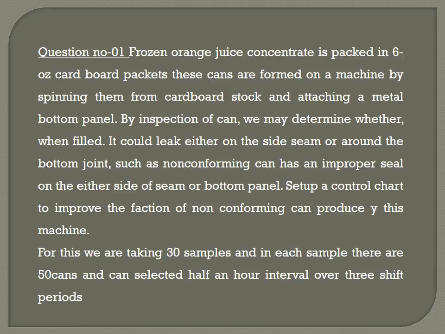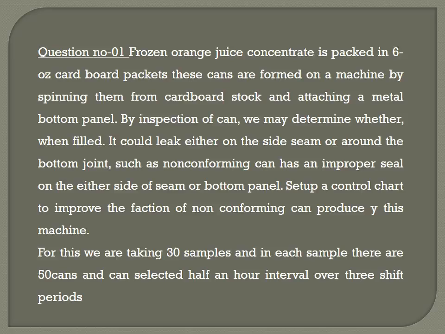When we make a cylindrical shape, there is one seam which is pasted, and at the bottom we attach a metal panel. So either the orange juice leaks on the lateral sides from the seam or at the bottom joint. Such a non-conforming can has an improper seal on either the side seam or the bottom panel.